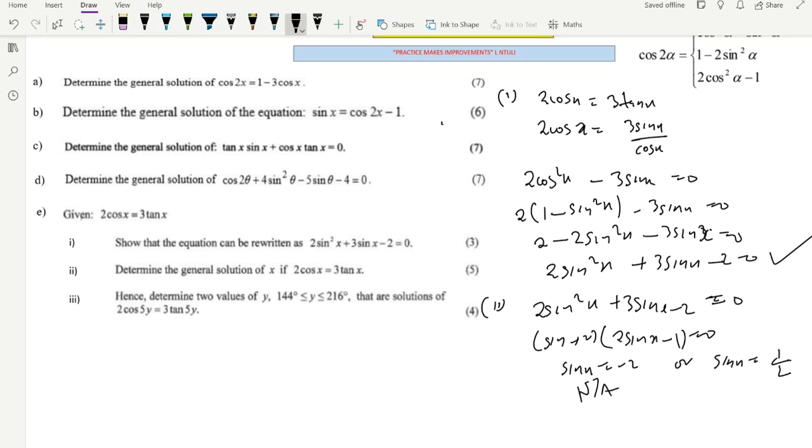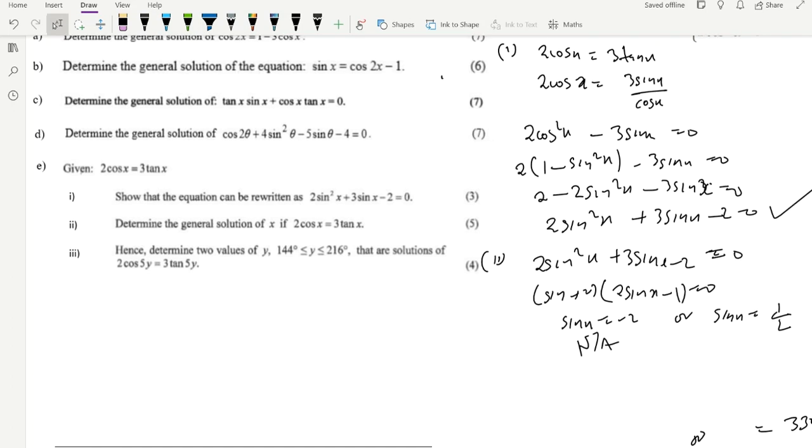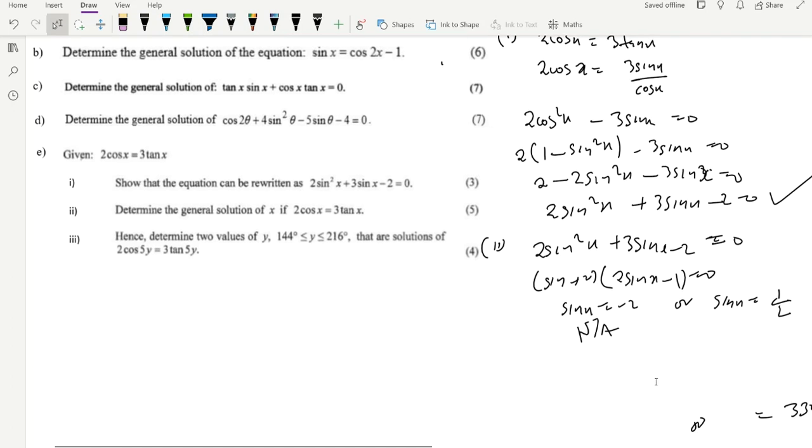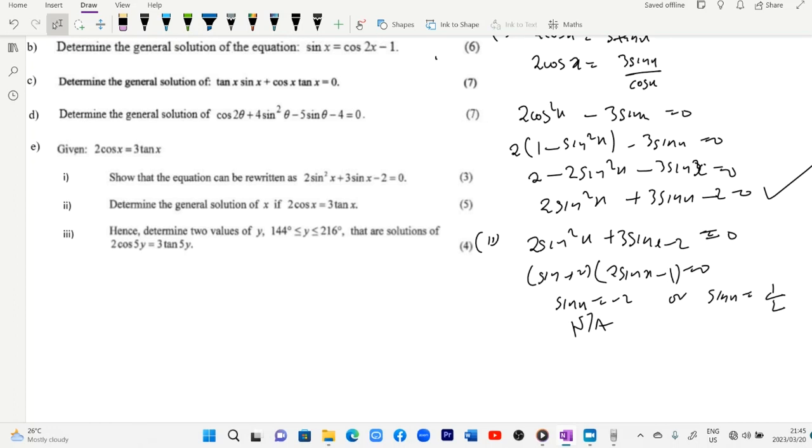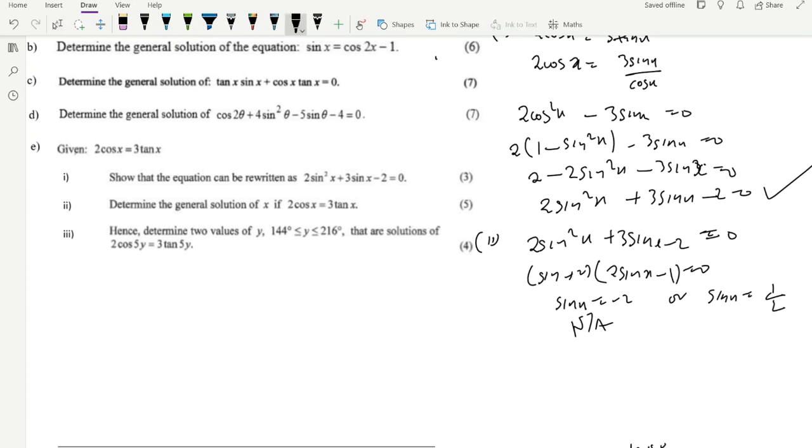What is it? No solution, and you look for the reference angle for this one. And then you will find your x. Okay, guys, what you need to do, find your reference angle. Remember to put a positive sign, which is 30.